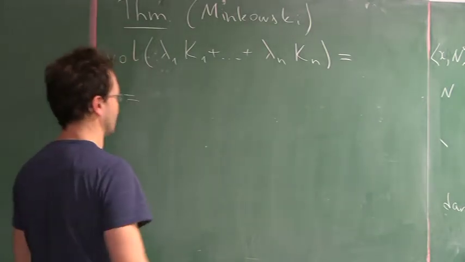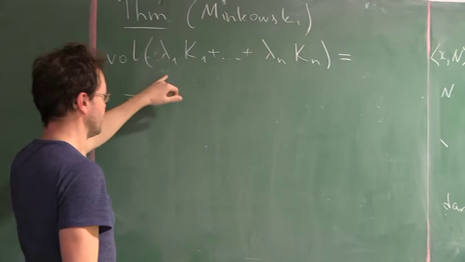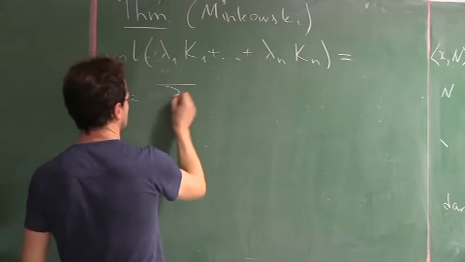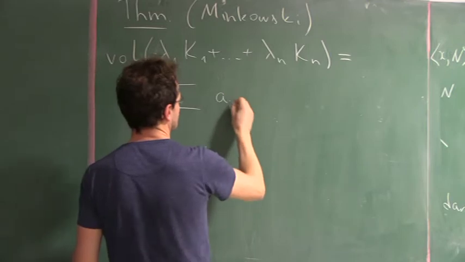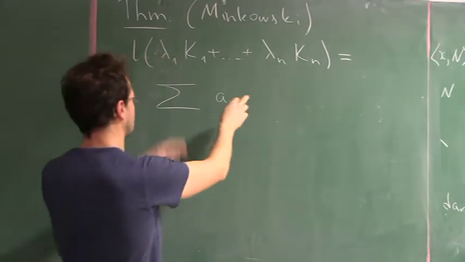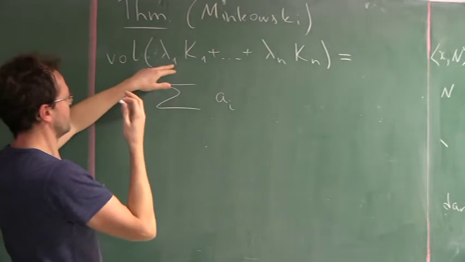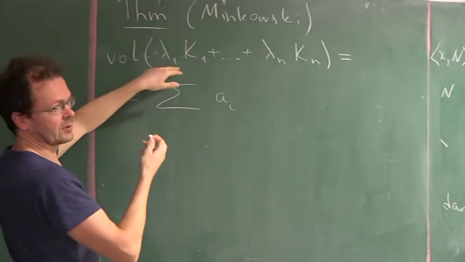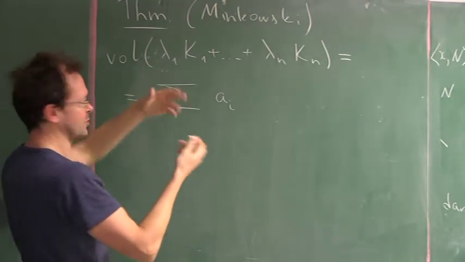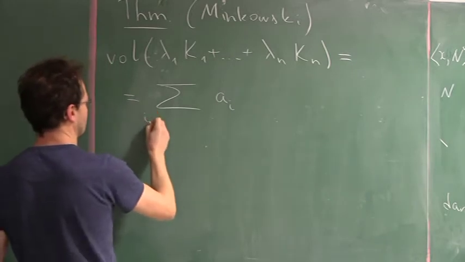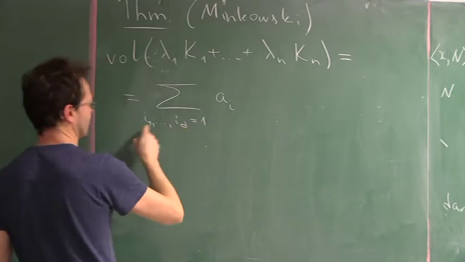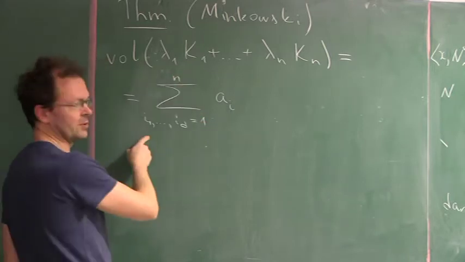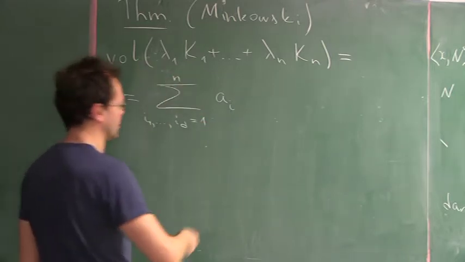How can you write an arbitrary homogeneous polynomial of degree d? So this is the sum of, so the coefficients, so you have to choose any d lambda i's, and it is possible to repeat them. So you choose any indices I1, so on, ID. So they range from 1 to n independently. So they can all be equal to 1, for example.